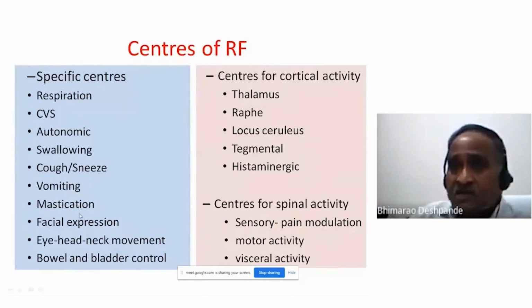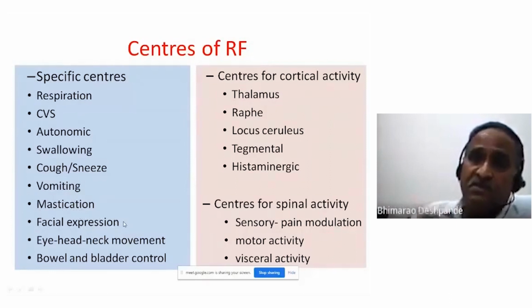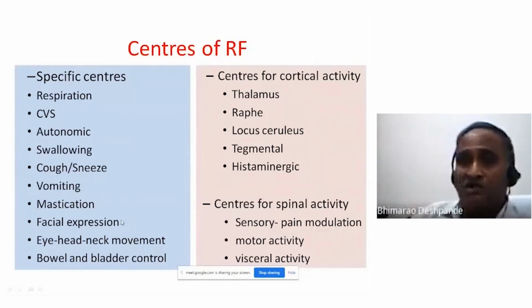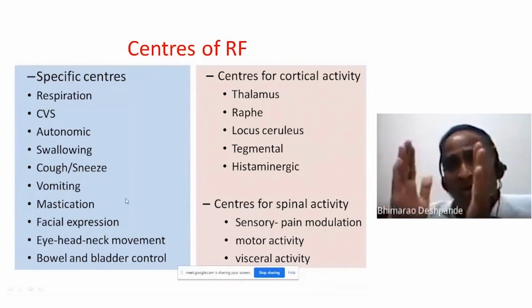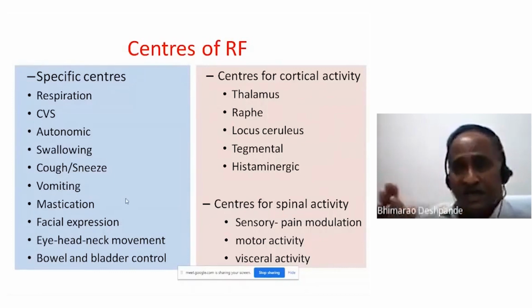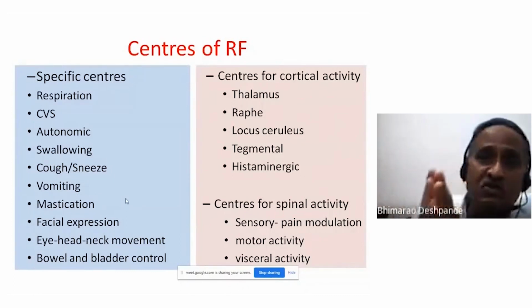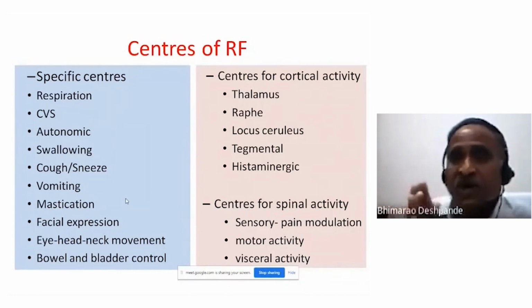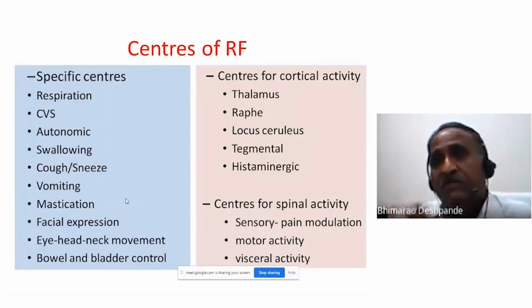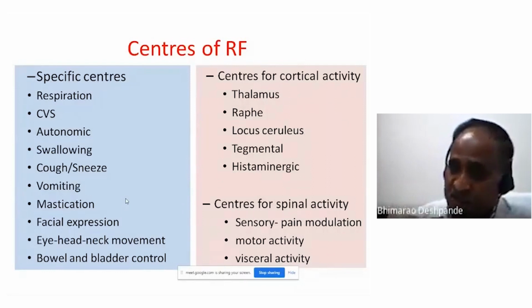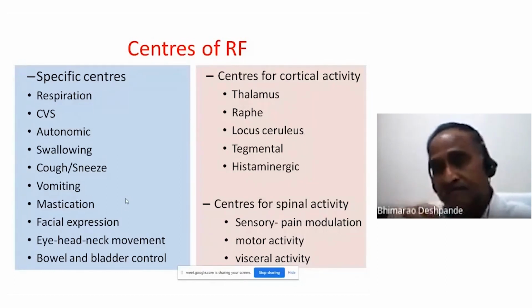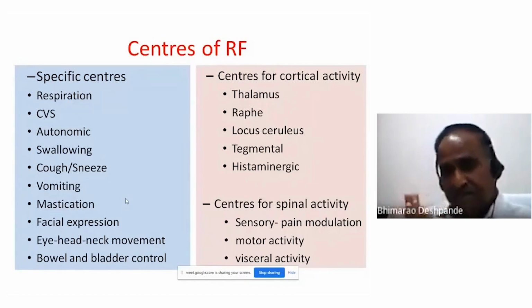Now the centers for the facial expression. We become happy, angry, and all those things, facial expression. Now, eye, head, neck movement. So that means eye movement in relation to the head and neck, because if I have to focus on a particular system, I have to do that. So now even we have centers for the bladder and the bowel movements, because we have three sets of centers for the micturition.